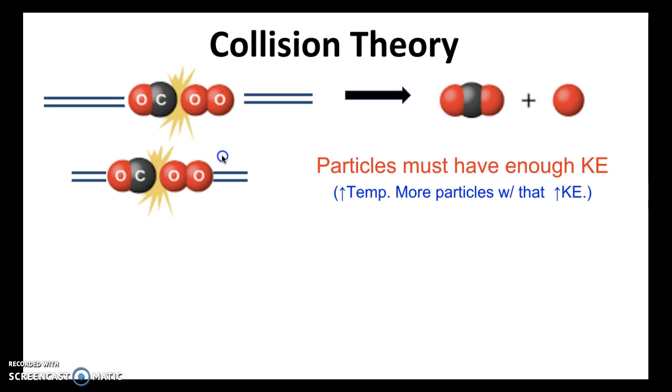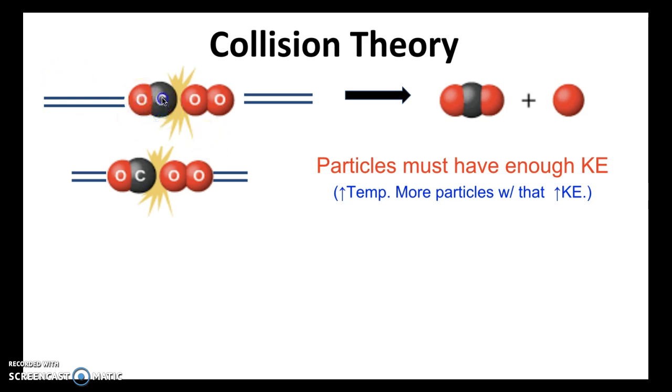The higher the temperature of the system, the more particles will have sufficient kinetic energy. So by increasing the temperature, you increase the amount of particles with sufficient kinetic energy, thereby increasing the rate.